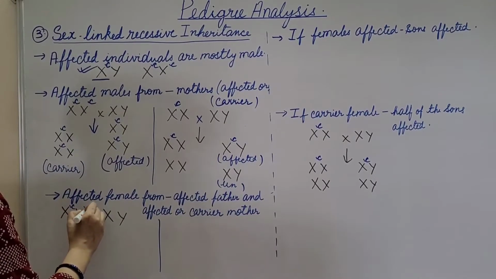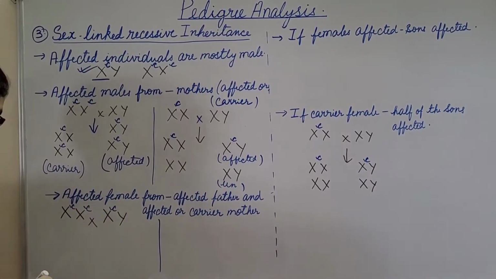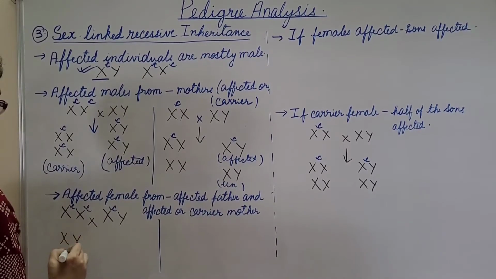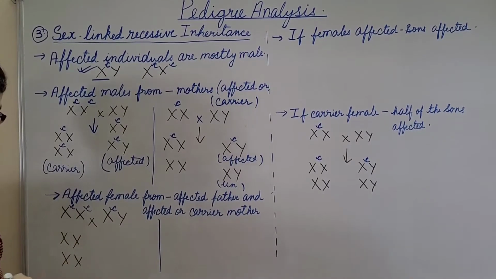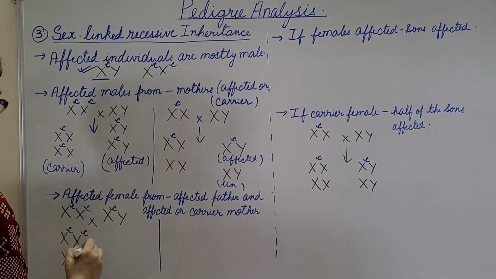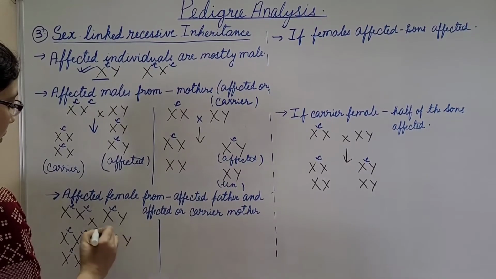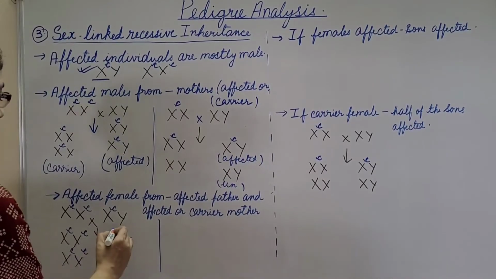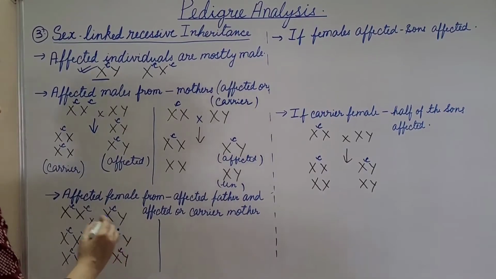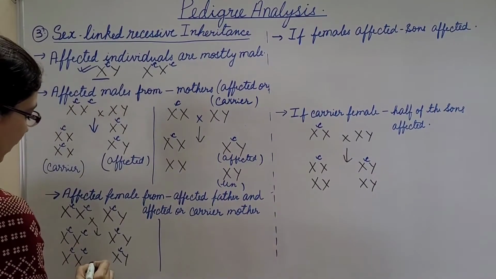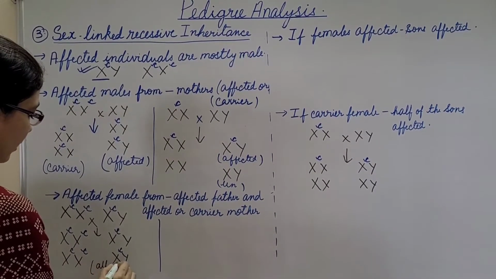If mother is affected and father is also affected, then in that case all the daughters are affected and all the sons are affected, because here every X chromosome has a copy of the recessive allele. So all are affected.